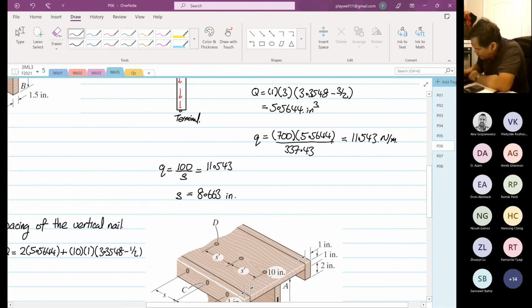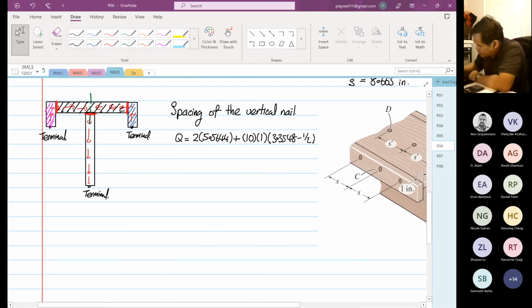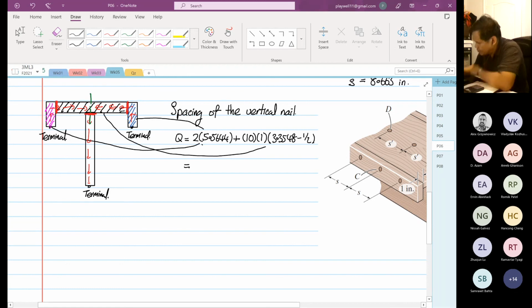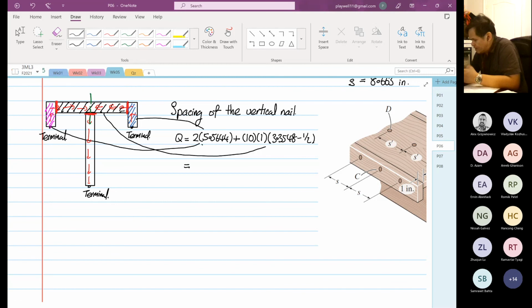The 2 over here corresponds to this area, and this term over here is considered this one. So this will be equal to (3.3548 minus 0.5) times 10 times 1 plus 2 times 5.5644.